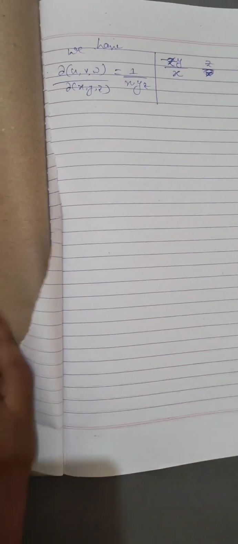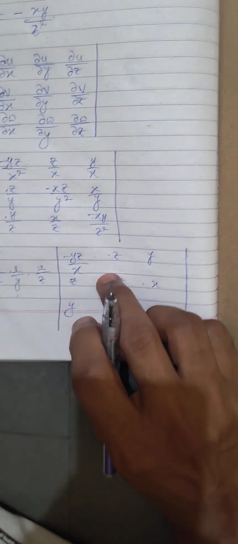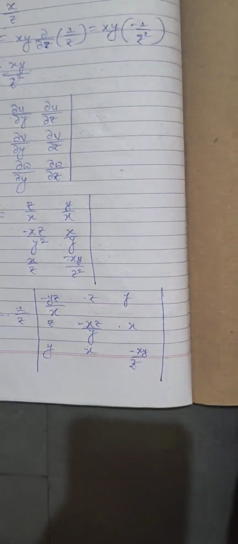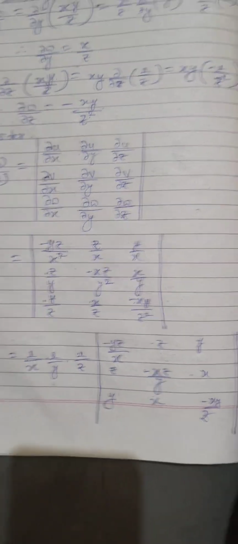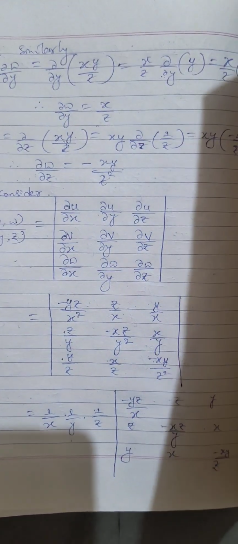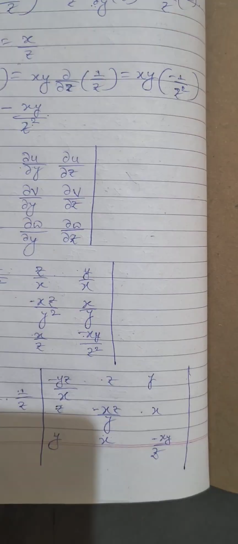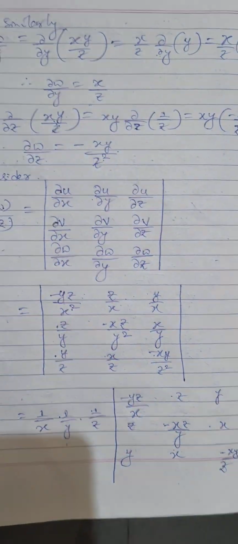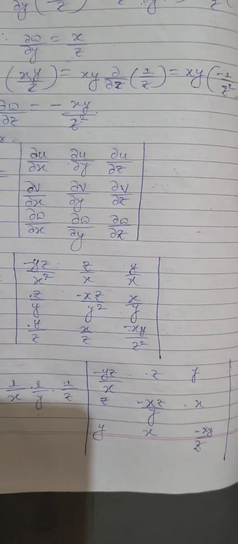Let me confirm the values. The second row entries are z, minus xz divided by y, x. And similarly the last row is y, x, and the last entry is minus xy divided by z.